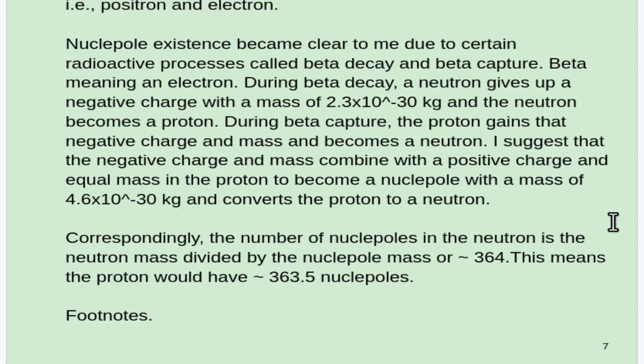During beta capture, the proton gains that negative charge and mass and becomes a neutron. I suggest that the negative charge and mass combine with a positive charge and equal mass in the proton to become a nucleopole with a mass of 4.6 times 10 to the minus 30 kilograms, and converts the proton to a neutron.